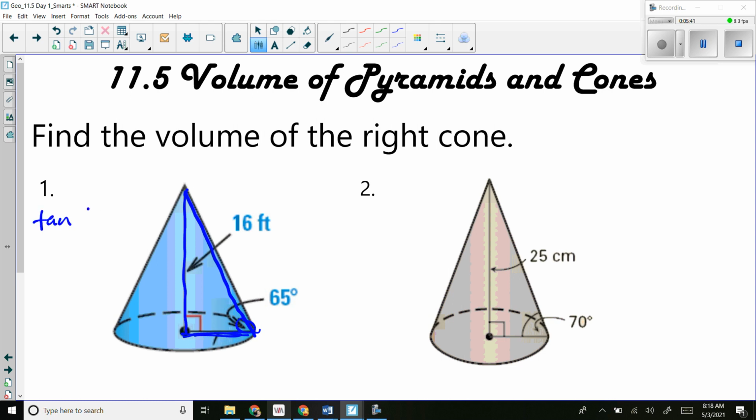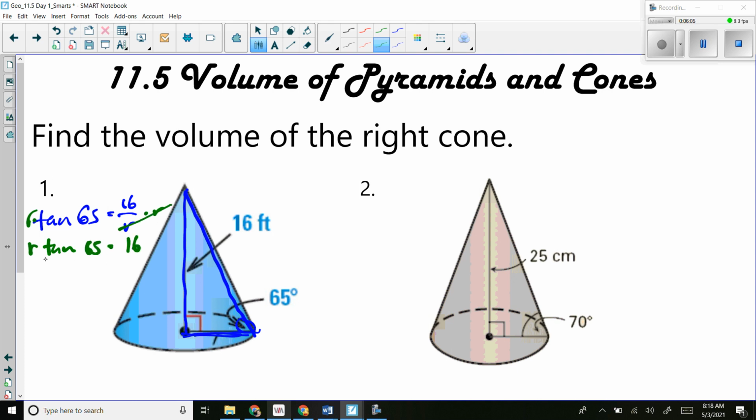So tangent of 65 degrees is going to equal the opposite, 16, over the adjacent, not x, r. Let me switch colors. If I multiply both sides by r, then I get r tangent of 65 equals 16, as those cancel.